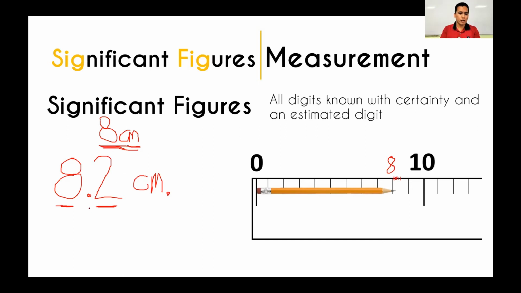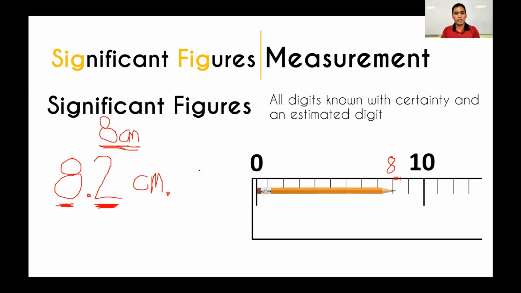And for those which have 2 or more digits in measurement, the last digit is always the estimated digit, regardless of its place. So 8.2, in which 8 is our certain digit and 2 is an estimated digit.